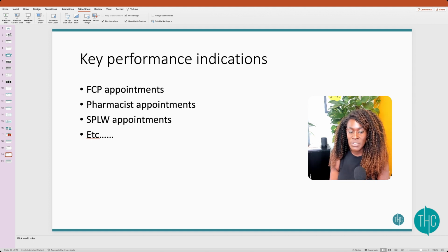So if it's not a glowing report, it's okay. It's the opportunity for further investigation, for you to iron out any tweaks, or just manage expectations. New services may take longer. And it's just about managing expectations and helping the network understand this is all the amazing stuff that we're doing.